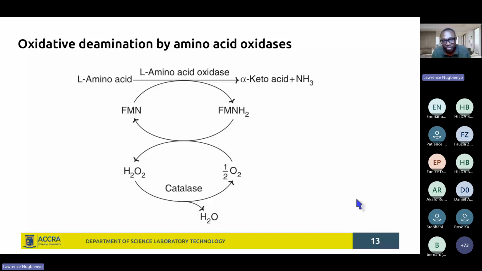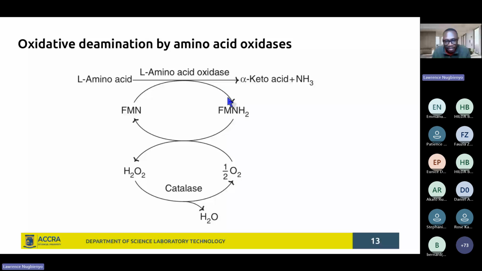But this time around, we are looking at other enzymes, which are oxidases. They carry out oxidation reactions, like the L-amino acid oxidase, which is much simpler. These act with flavin nucleotides as the coenzymes. So you have the L-amino acid with flavin mononucleotide acting as the coenzyme.